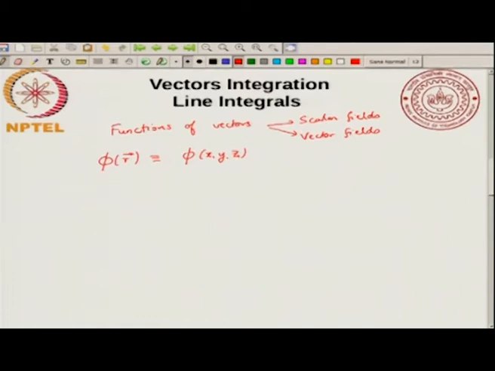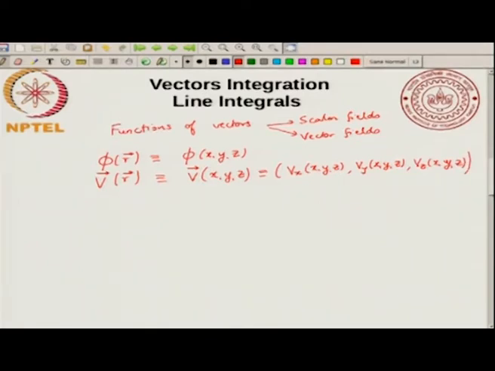You could also have a vector field v of r, which has various components. It will have 3 components, and each of the components will be a function of x y z. So, this will have Vx of x y z, Vy of x y z, and Vz of x y z.